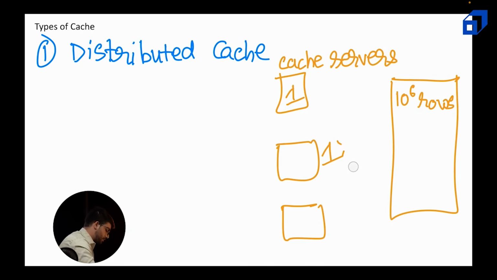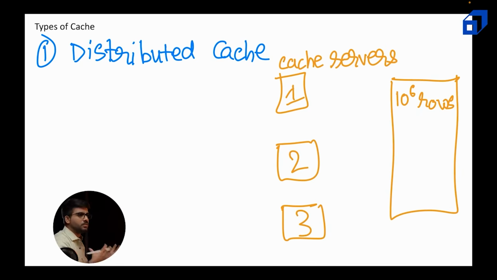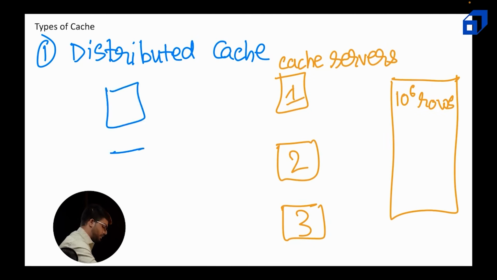Let me get rid of the one over here, and let's say information 2 is present over here and information 3 is present in the 3rd cache server. Now it is also possible that instead of one application server, it's going to be a distributed network of multiple application servers. So over here also it can be server 1, server 2 and server 3, and these are app servers.